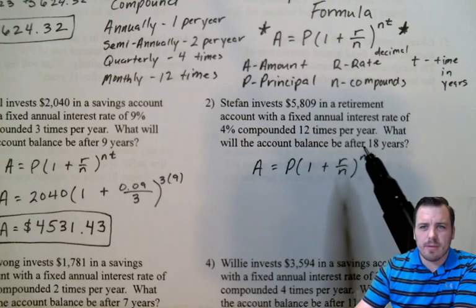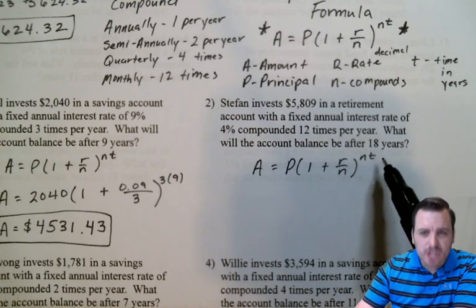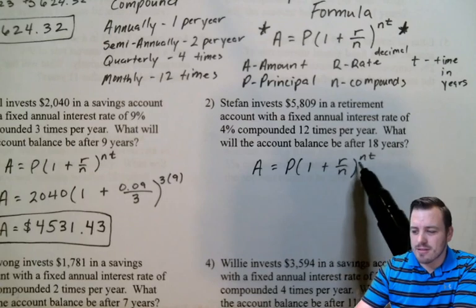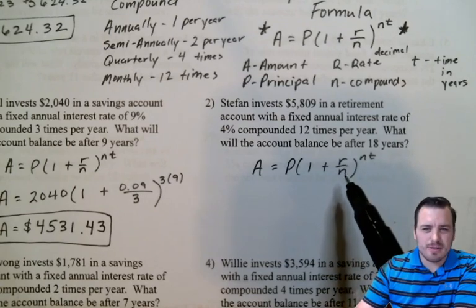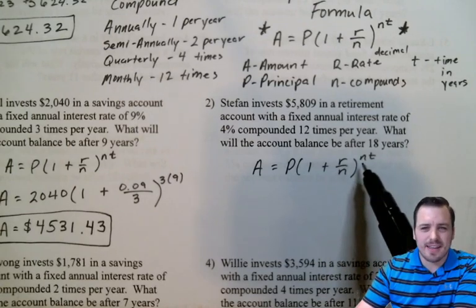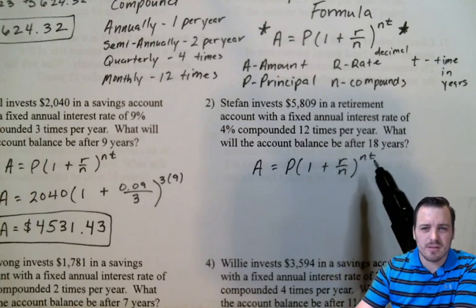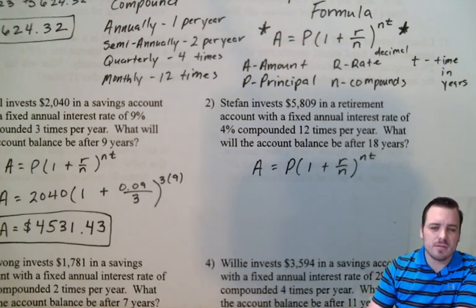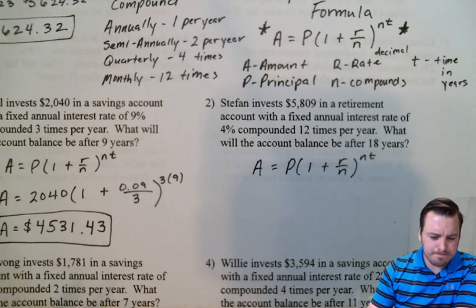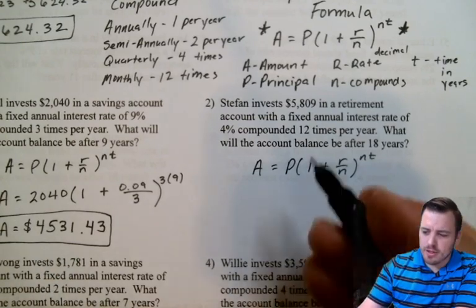I always kind of remember R, with the N. 1 plus R over N. So then we just type in our values.